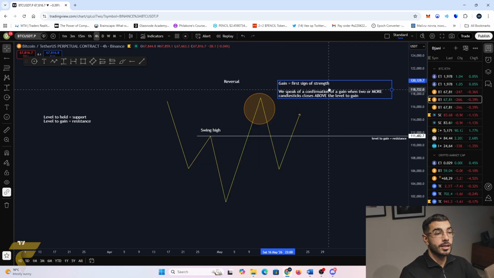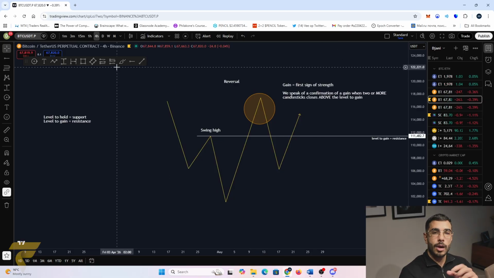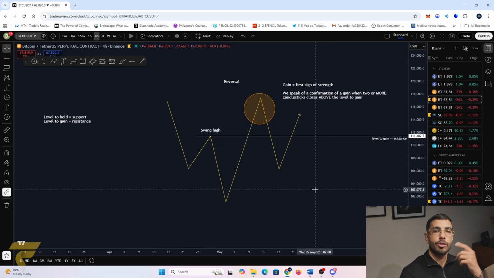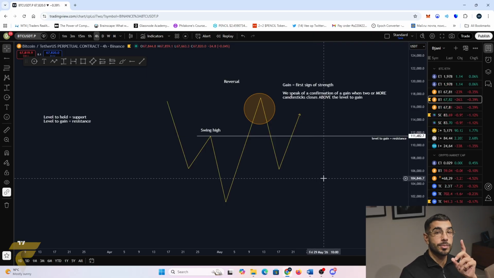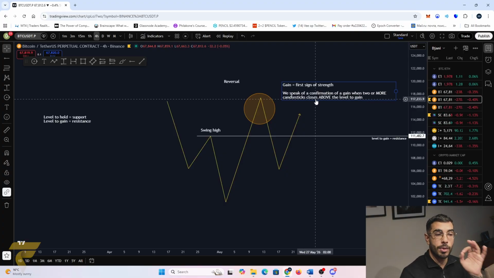This is something that you really need to write down or take into account. I will obviously apply the theory in practice by showing you an example of a real life reversal, but this is very important to understand. We speak of a confirmation of a gain when 2 or more candlesticks close above the level to gain.